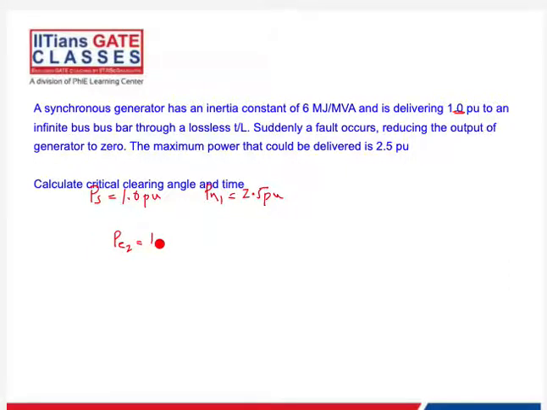This is a solid short fault. There is no output, so it becomes 0. Right? And finally, what is Pm3? Again, the fault is cleared, so it goes back to the system. So if you're looking at the system curve, this is the system operating condition.